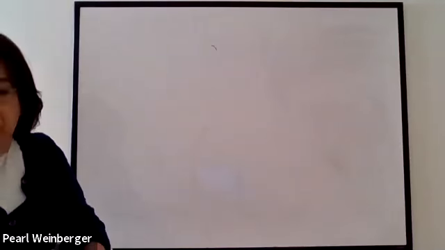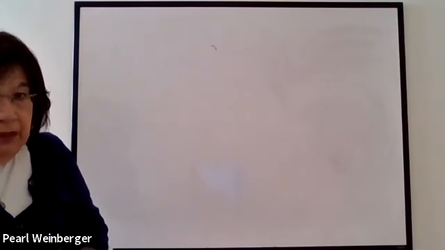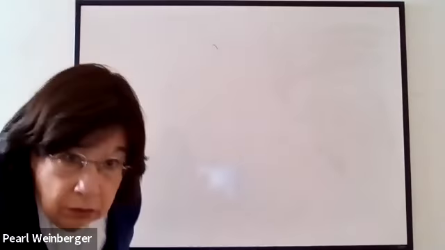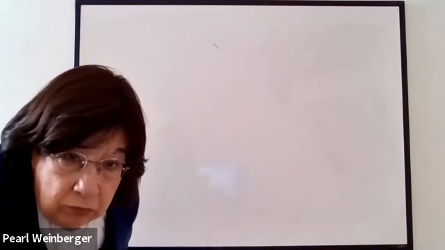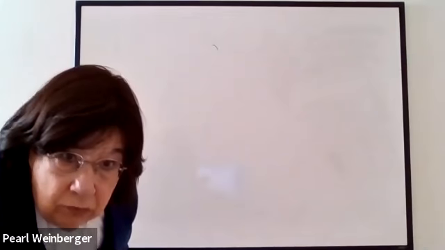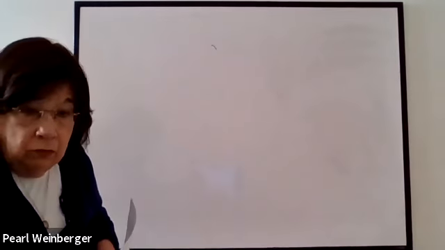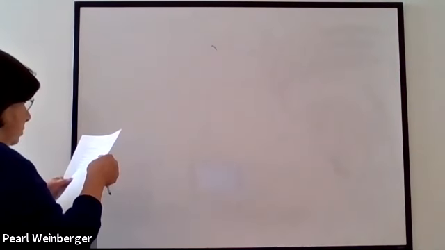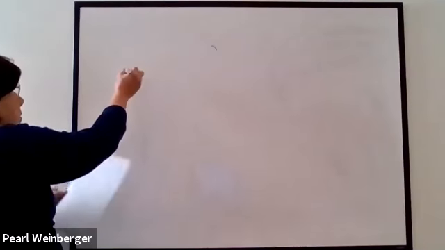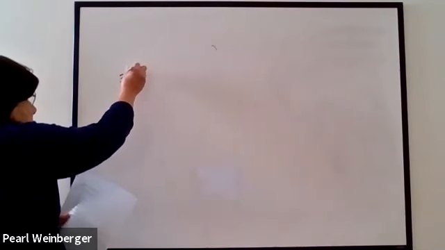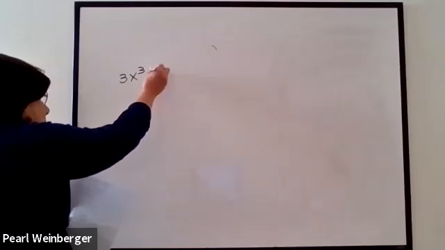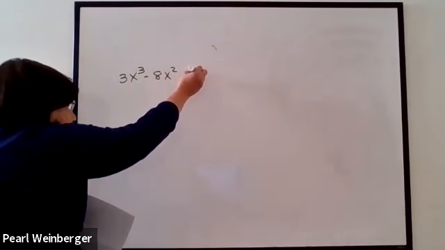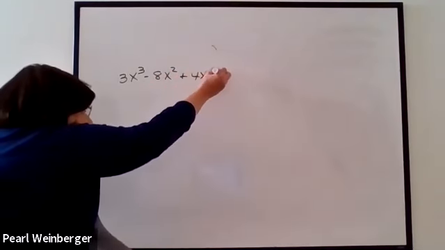Okay, so let's first remind ourselves what we mean when we have a polynomial. So I could give you something that looks like this. 3x to the third minus 8x squared plus 4x minus 15.